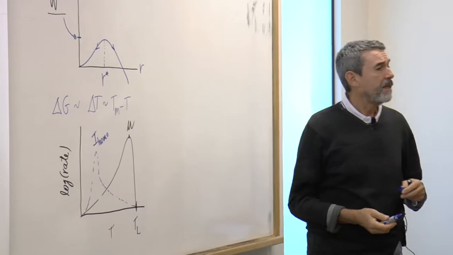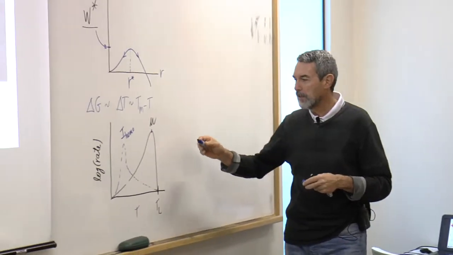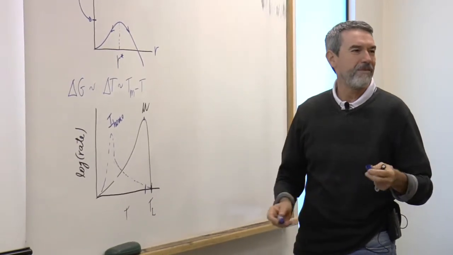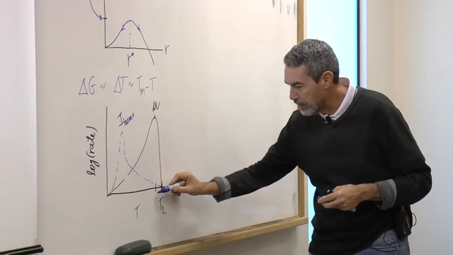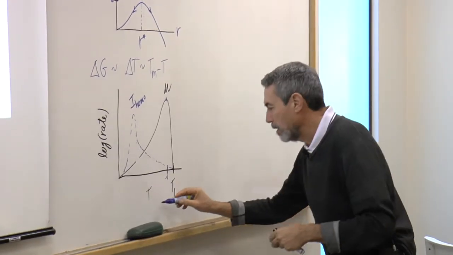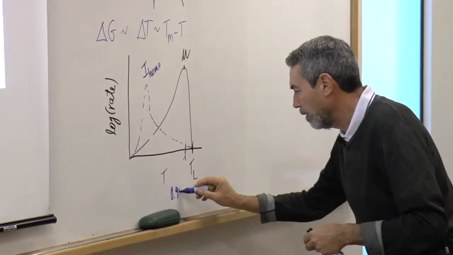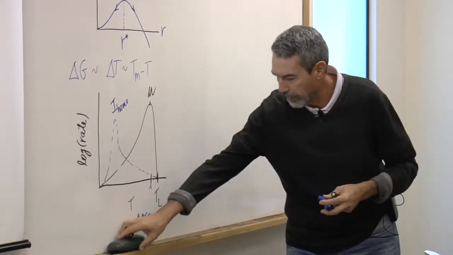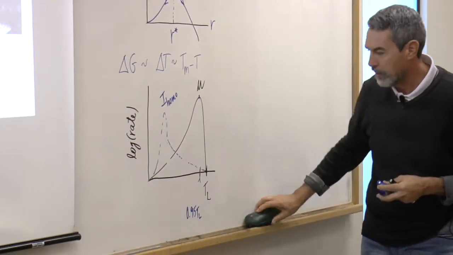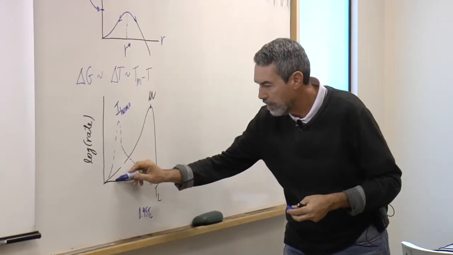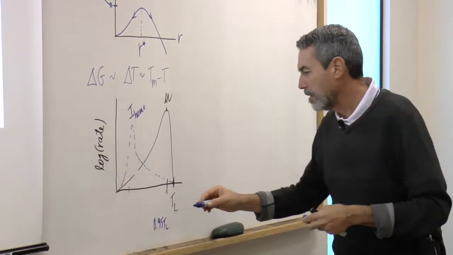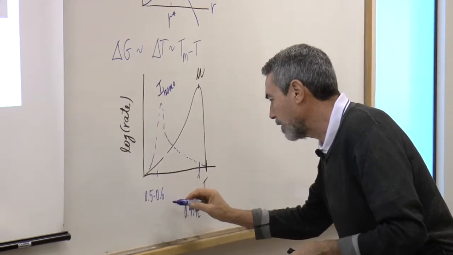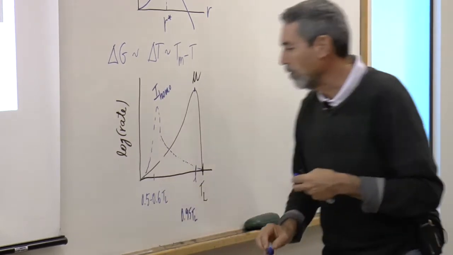The maximum growth rate, for at least oxide glass forming liquids, is at about 0.95 of the T liquidus. So this temperature here is about 0.95 of the liquidus in Kelvin. If you plot everything in Kelvin, this is 0.95, whereas the maximum nucleation rate is somewhere between 0.5 and 0.6 of the liquidus temperature.